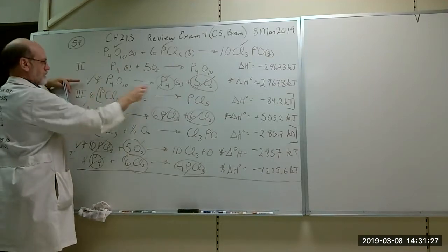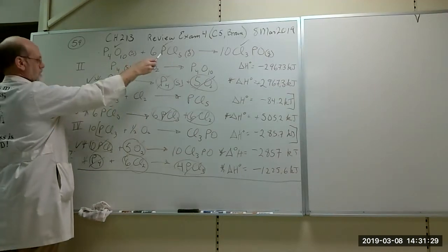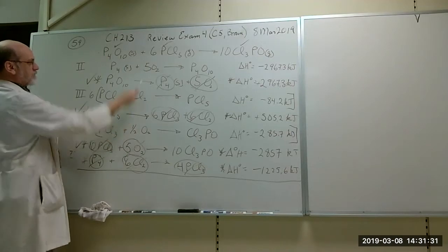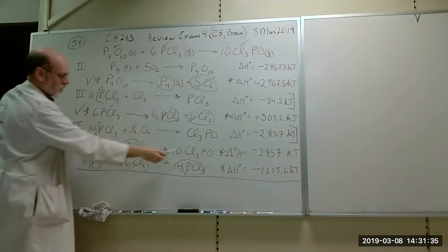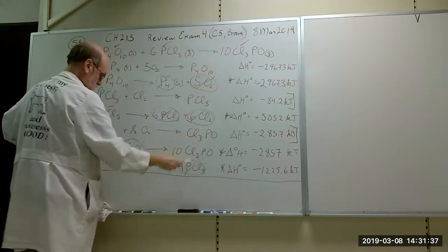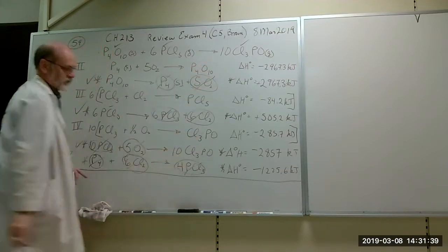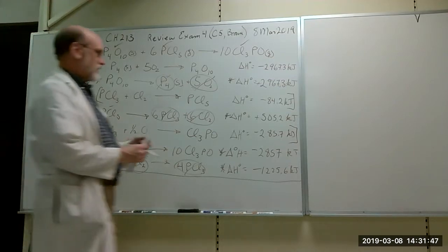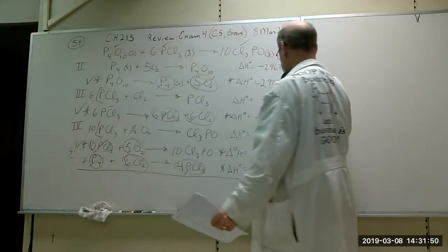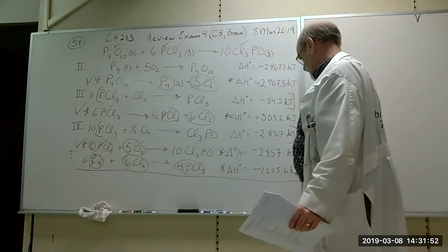There's one. There's the other one. Those are gone. This one, this term right here, and there's nothing left of this one. That doesn't mean that you throw away the heat. You still have to add the heat. Right? So now we just add this one, this one, this one, and this one together.